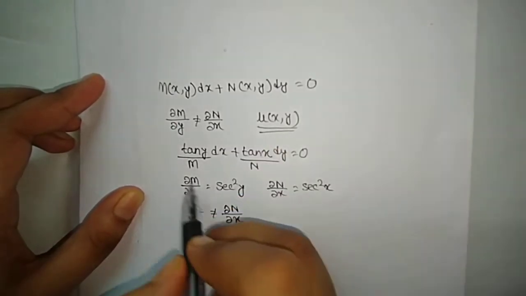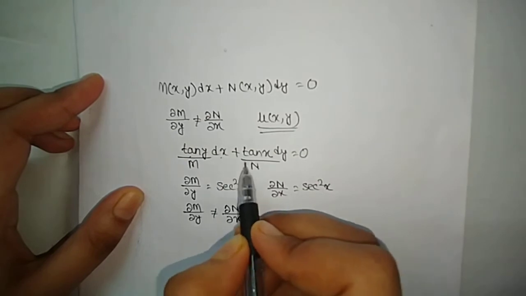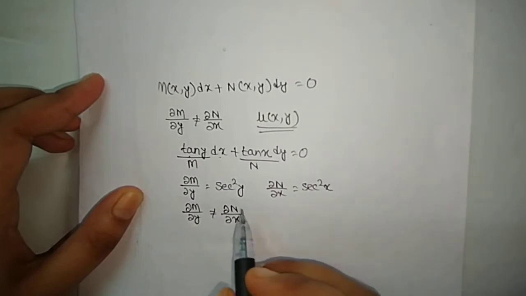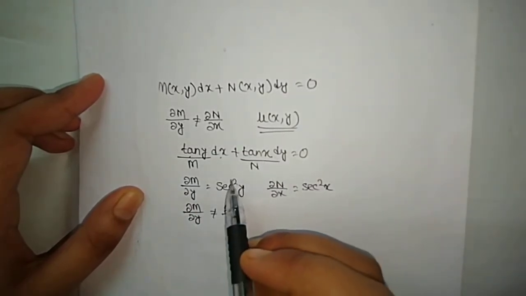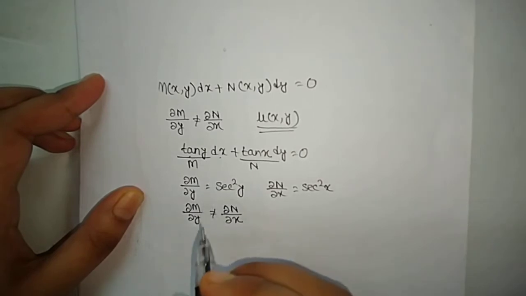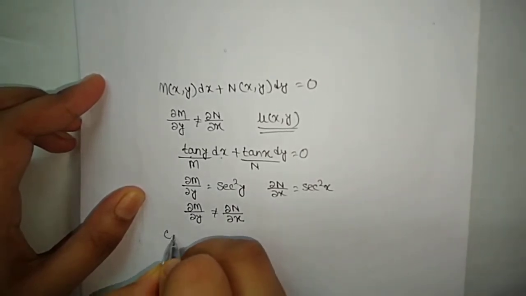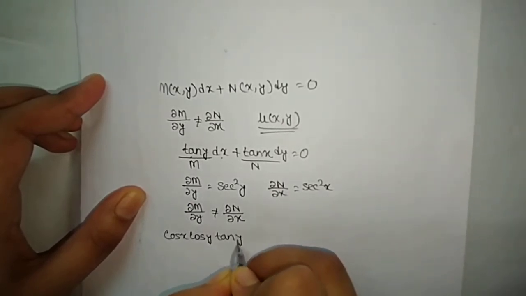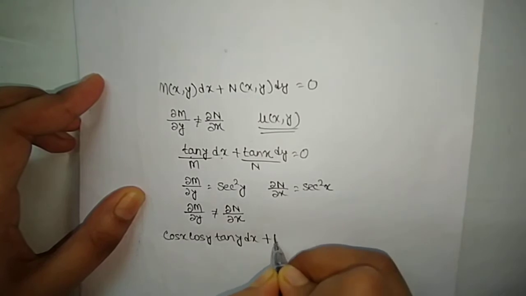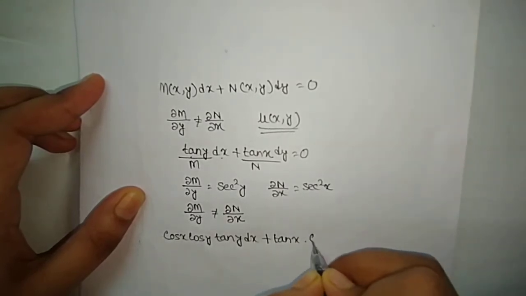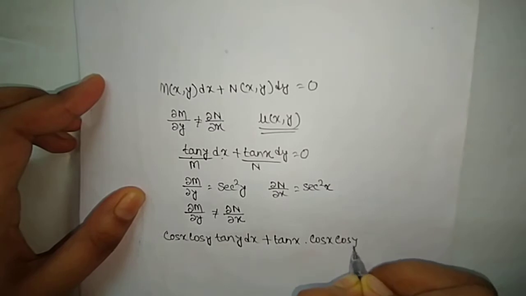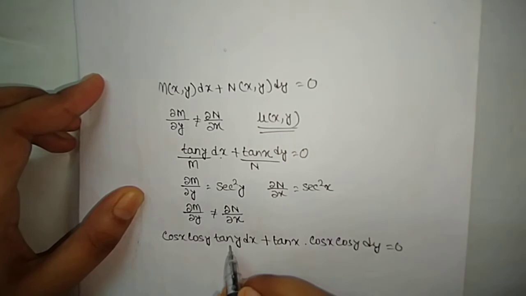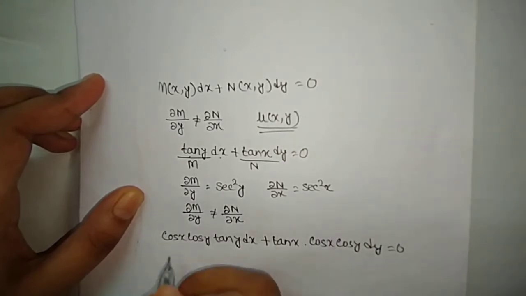So the given equation tan y dx + tan x dy = 0 is not an exact equation. But if we multiply this equation by cos x cos y, the equation becomes cos x cos y tan y dx + tan x cos x cos y dy = 0. We all know tan y = sin y / cos y, so cos y will be cancelled.